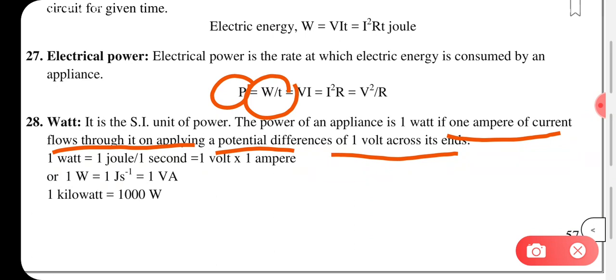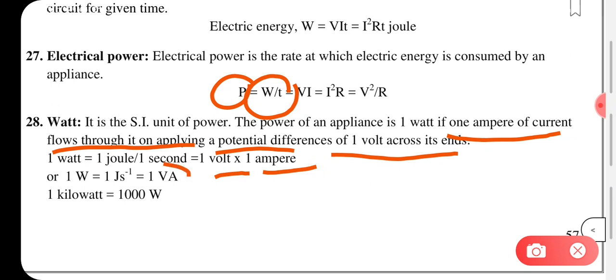Or if you want to write in terms of voltage and ampere, in terms of potential difference and the current flowing through it, 1 ampere of current is flowing when the potential difference is 1 volt. So like that you can make the relationship.